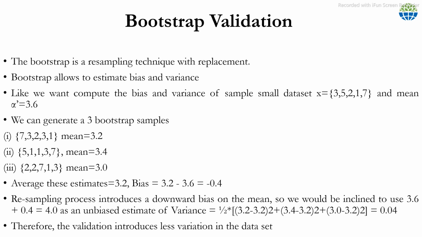Again we take the sample 2, 2, 7, 1, 3, and the mean is 3. So the average of these three, 3.2 plus 3.4 plus 3, divided by 3, is about 3.2.